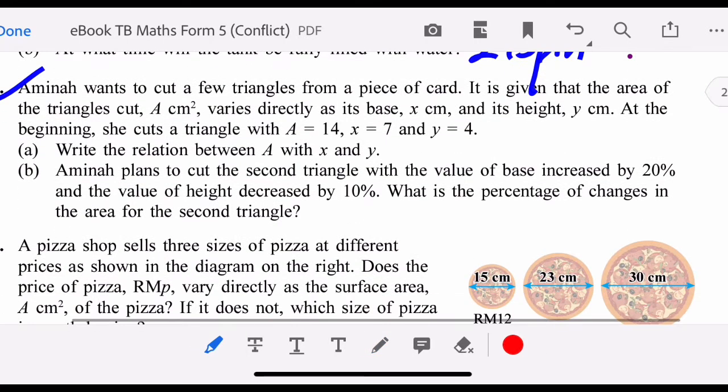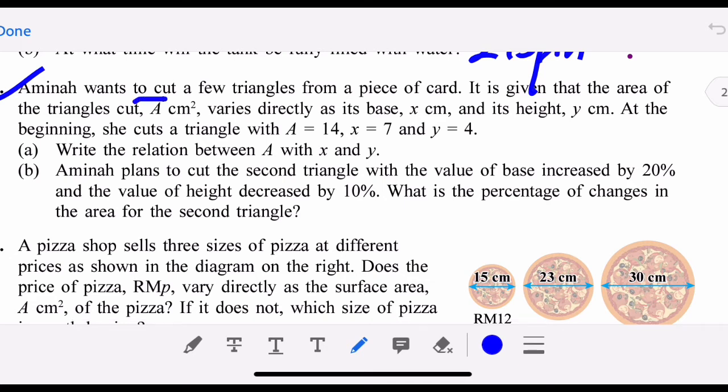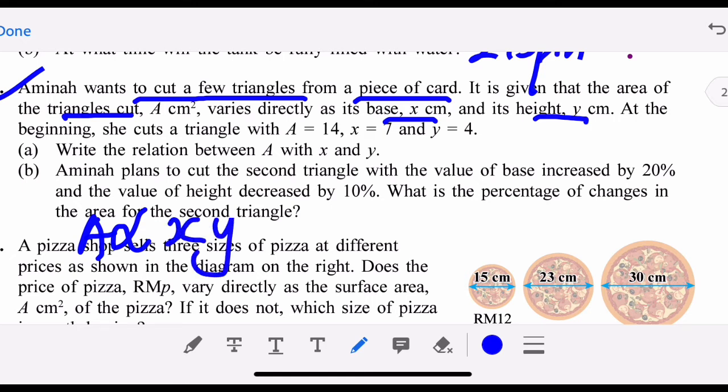Let's solve number 2. Amina wants to cut a few triangles from a piece of card. It's given that the area of the card, A, varies with the base X and Y. So we'll write area varies with the base, XY, and then based on the information given, we will find the K. A equal to KXY.